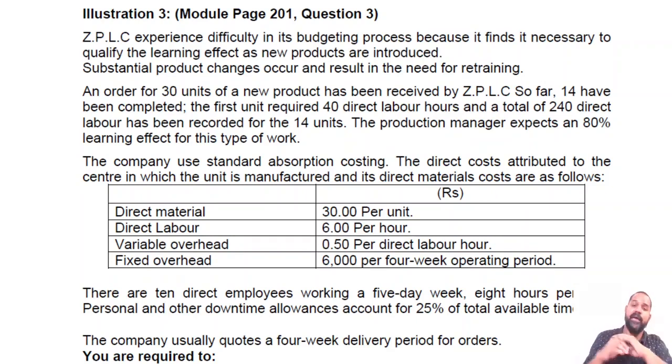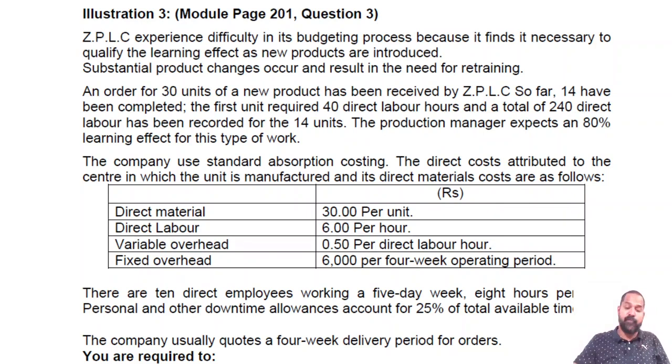So what is happening? There is an organization called ZPLC. They make a product, and what happens is they are finding it difficult to budget the product. What do you mean by budget? Like decide on capacity, decide on manpower, material, and all of that. Why is it happening? Because they believe that this product follows a learning curve effect.